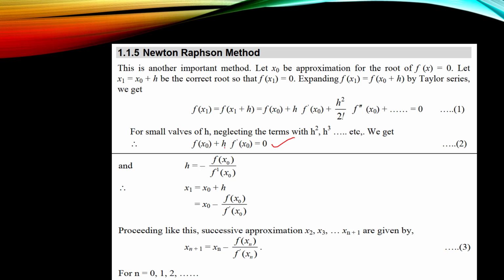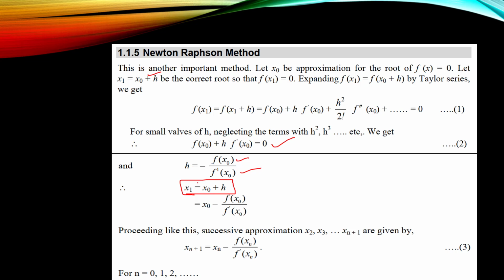From this equation, take the h. So h is equal to minus f of x0 by f dash of x0. So we know that x1 is equal to x0 plus h. Substituting for the h, we have h is equal to x1 minus x0.